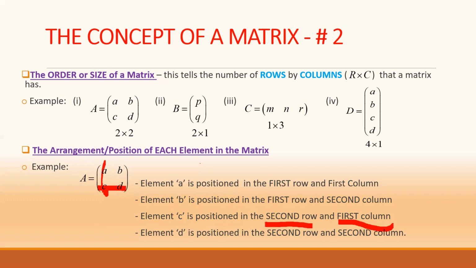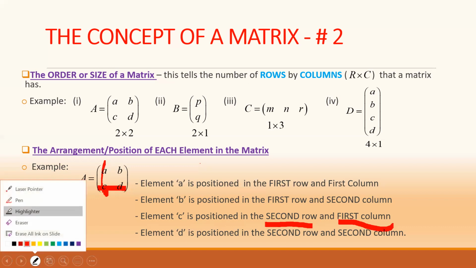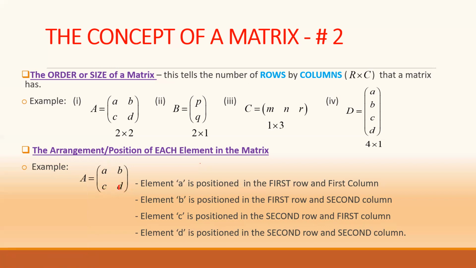That's the position of element C. And element D, of course, there's element D. Element D would be in the second row. However, it is in the second column. So element D is in the second row, second column.